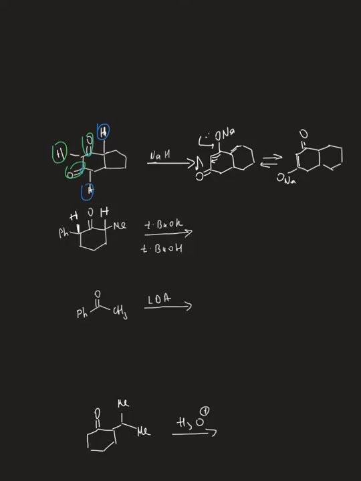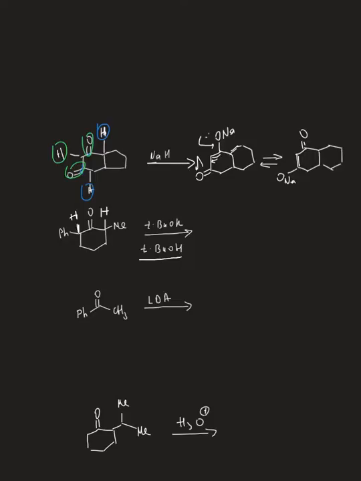If the deprotonation is rapid and irreversible, which happens when we use bases like LDA, then we get the kinetic product, which is defined by sterics. But if you use bases such as tert-butoxide, especially in a solvent like t-butanol, that deprotonation is reversible, so it will equilibrate to the thermodynamically most stable enolate.